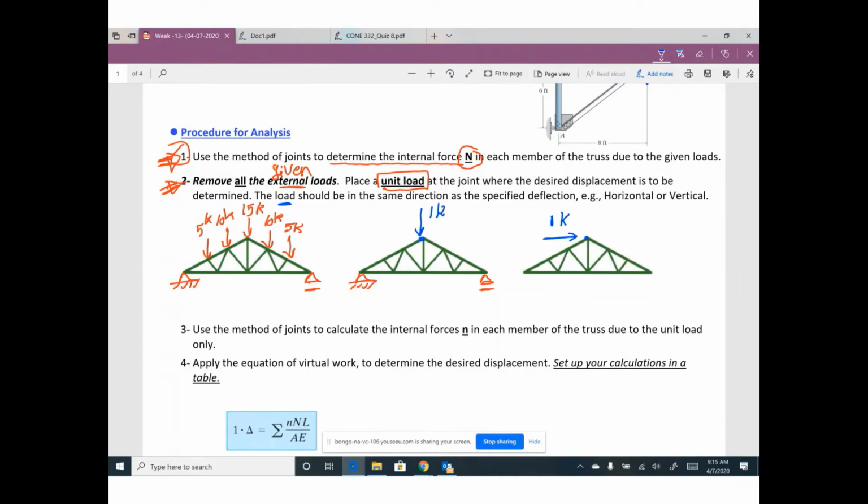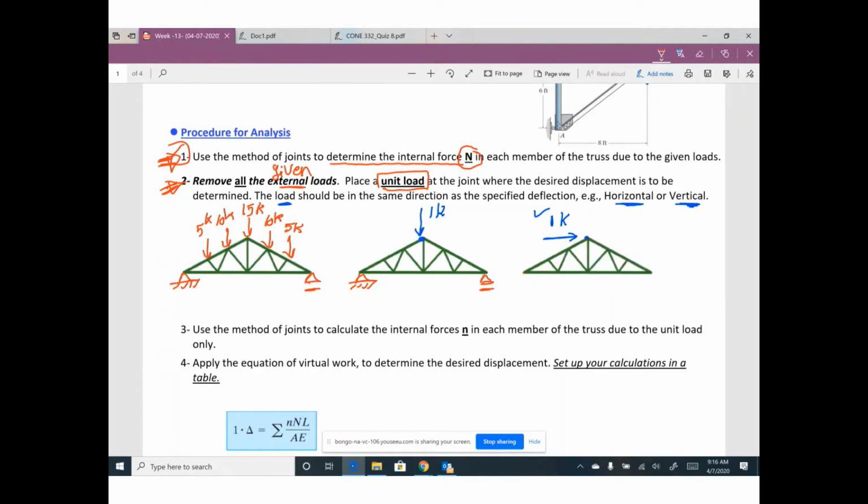If you are looking for horizontal deflection, I would like to calculate how much this point moved horizontally. I will put my unit load horizontally, to the right or to the left, as you like. If you would like to calculate vertical deflection, I need to calculate how much this point moved up or down. I will put a vertical unit load, up or down.